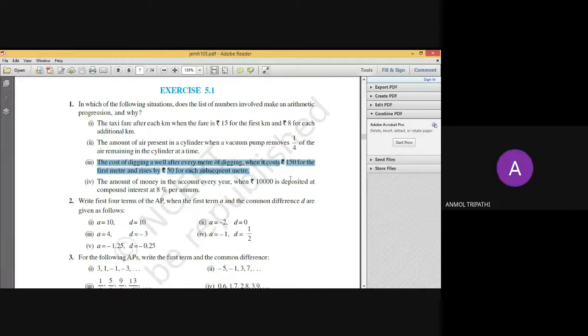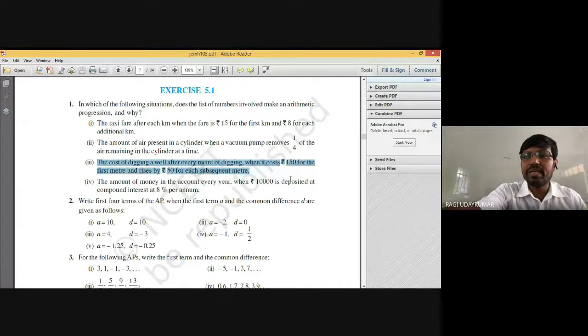The cost of digging a well: the cost is 150 rupees for the first meter and rises by 50 rupees for each subsequent meter. Every time it increases, 150, next add 50, next add 50. So therefore it is an arithmetic progression.